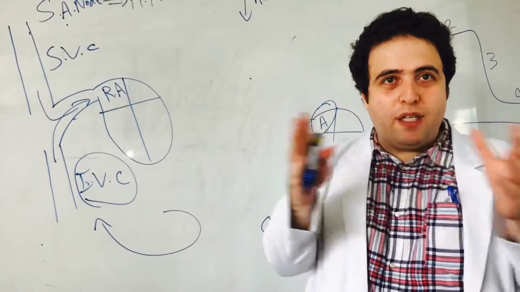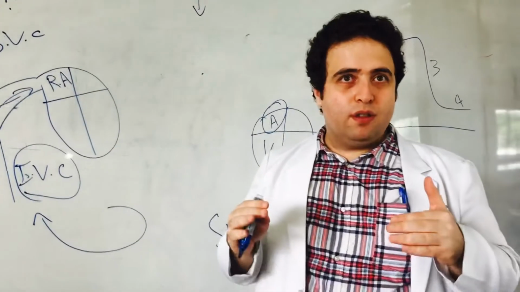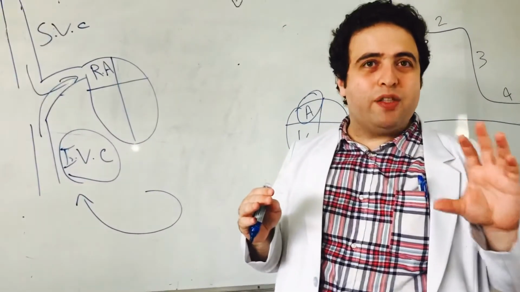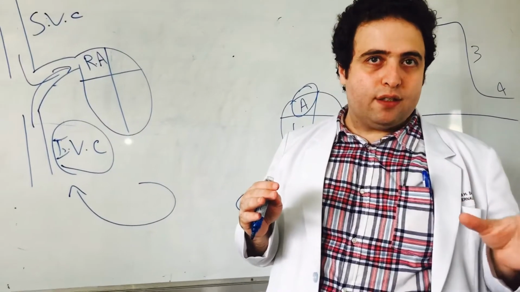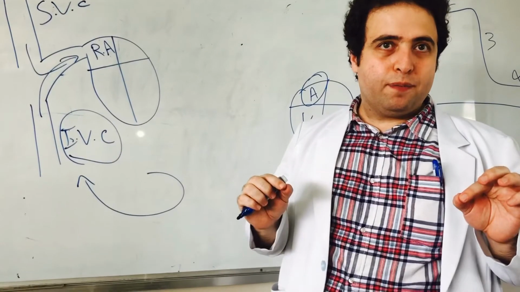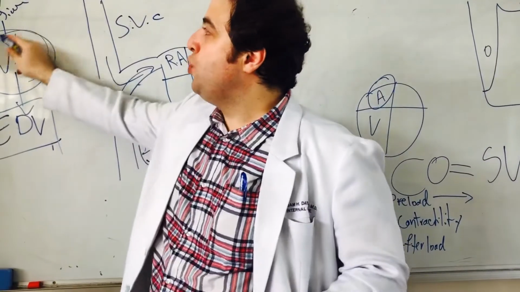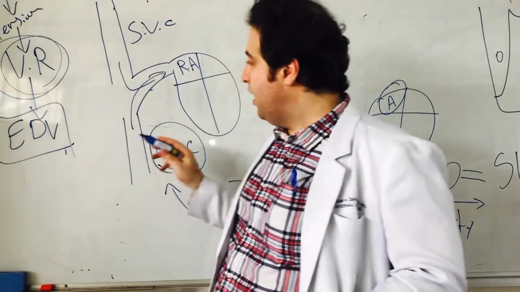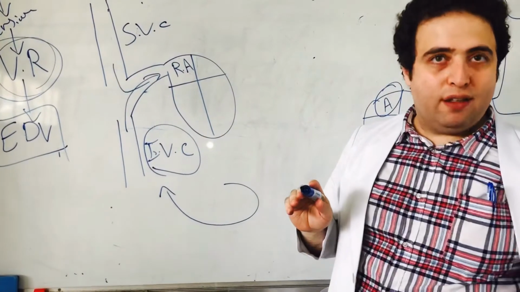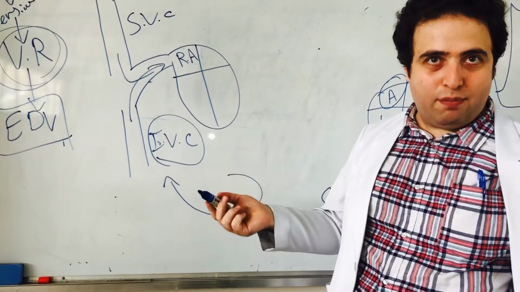When the heart becomes relaxed, it is filling time. So diastole is the filling time of the heart, and the heart will be filled with the blood returned by the venous system.